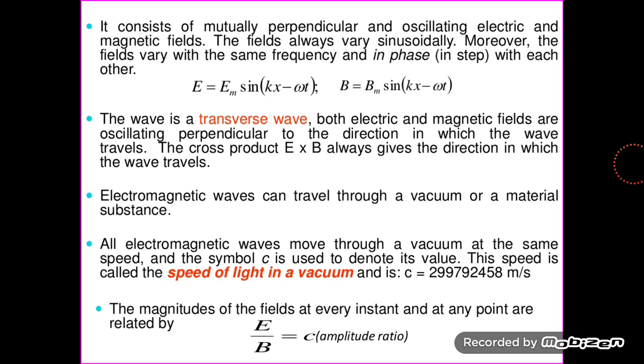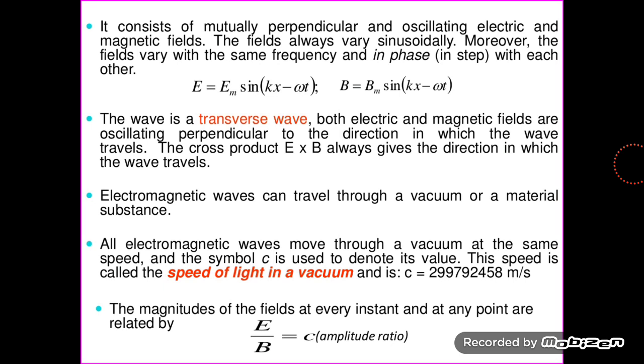Here these two equations represent the electric field and magnetic field. In an electromagnetic wave, E is represented as Em sin(kx minus omega t) and B is represented as Bm sin(kx minus omega t). The wave is a transverse wave.